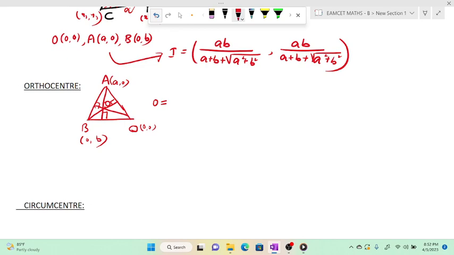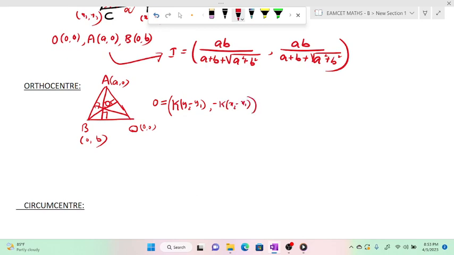Here the orthocenter formula is (k(y2 − y1), −k(x2 − x1)).